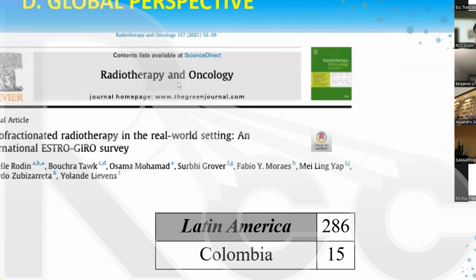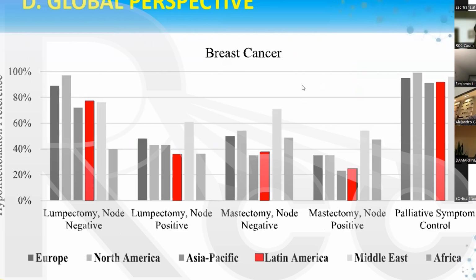When we looked at the real use of hypofractionation globally, there was a survey published in 2021, and LATAM had an important representation with 286 answers.